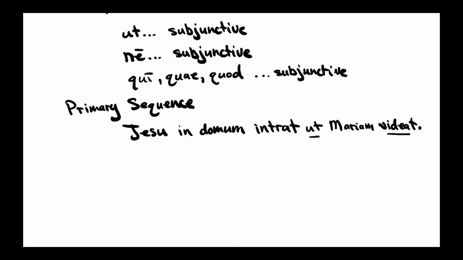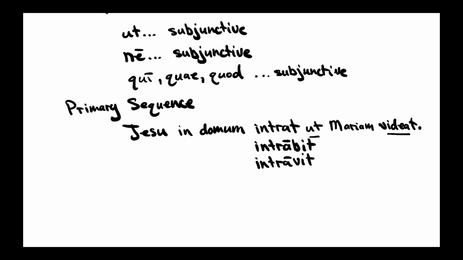But this videat here at the end can go with a slew of indicative verbs. I mean, you could replace intrat with, let's say, intrabit, right? Jesus will enter the house in order to see Mary. And videat is now contemporaneous action with intrabit. Or intravit, and this would be like that completed action in the perfect.